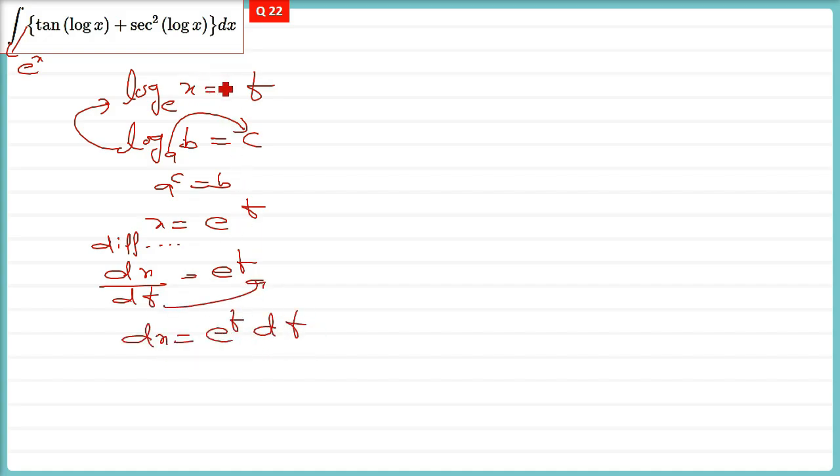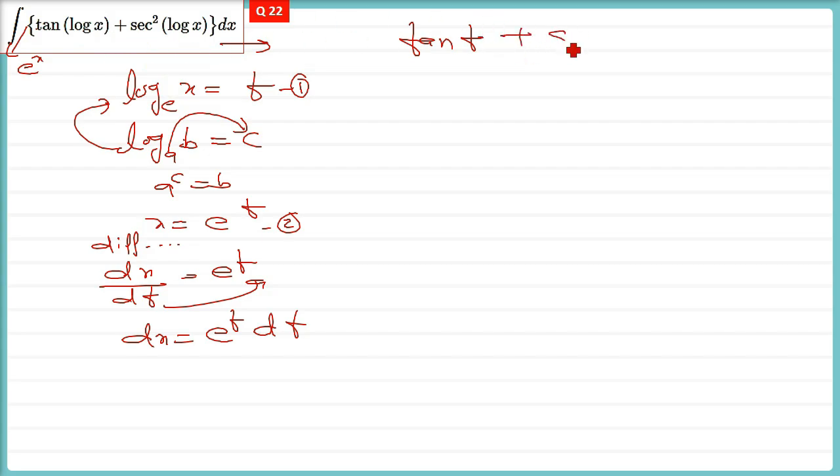Now this has all been done in order to change this particular integral into the form of e^x into f(x) plus f'(x). So this tan(log x) has now been changed to tan t, because we have taken t as log x. So you can just replace log x by t.